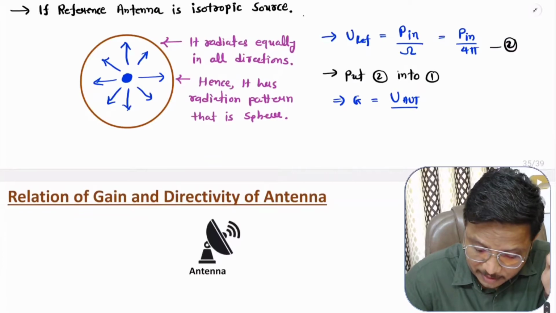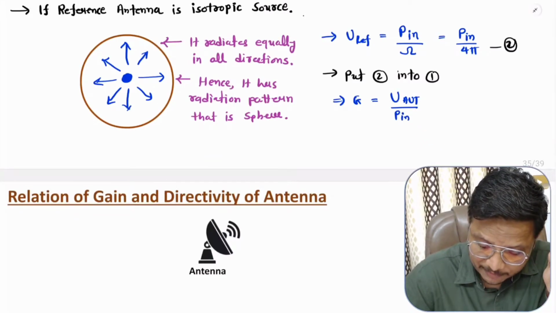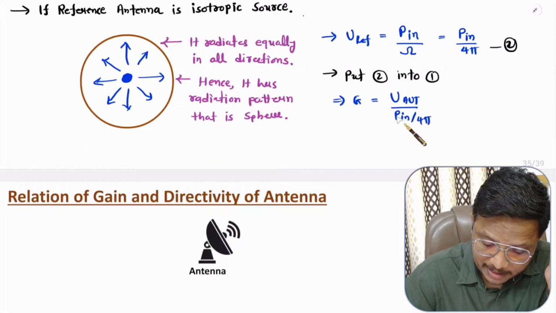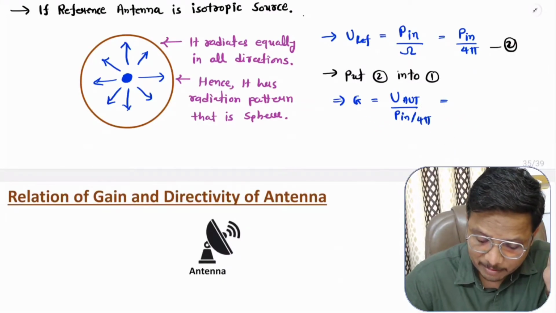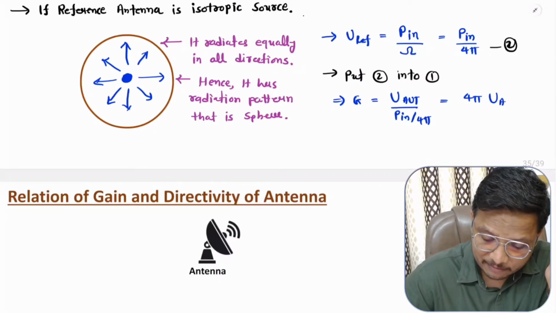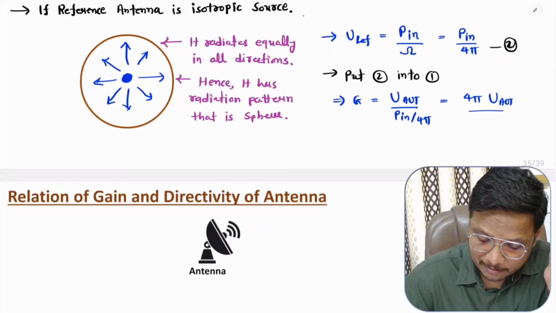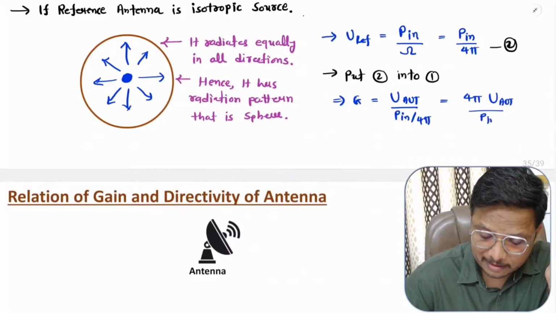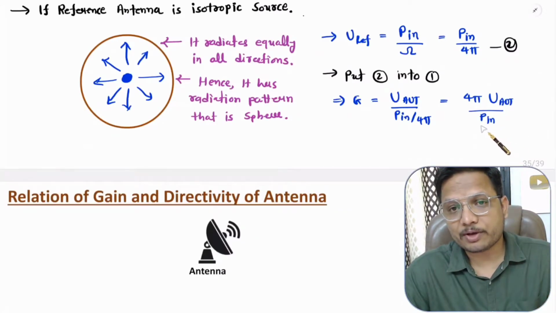If you substitute this, the modified equation of gain will be 4 pi into radiation intensity of antenna under test divided by P in. That is how one can derive the gain equation.